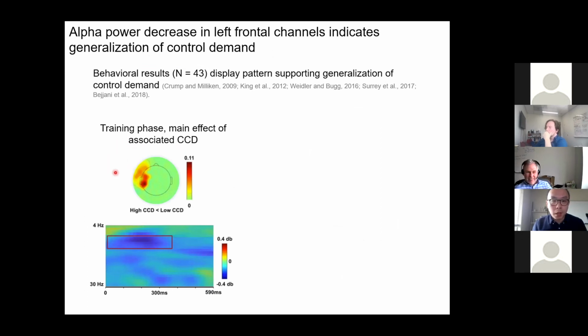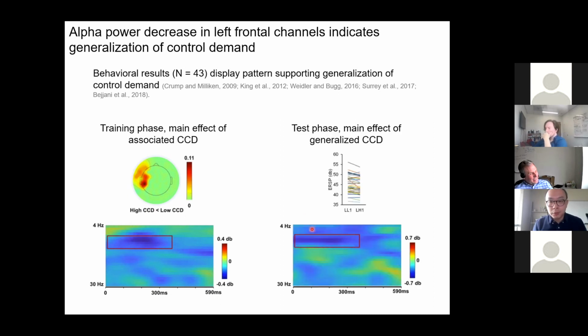That is from our training phase, the phase where participants learned the tool and its associated control demand. We have this component reflecting this association, so we use this as an ROI and apply it to the test phase data.